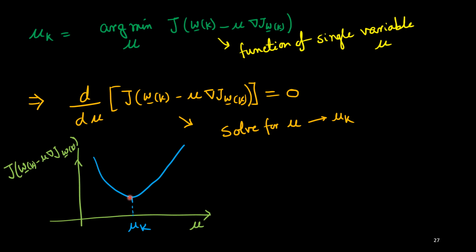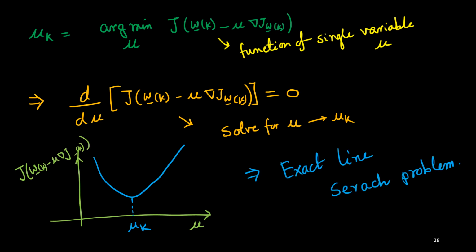At mu k, you are having the minimum value. That is the solution. So we need to find this mu k value, and then that will be replaced here, and we will get wk plus 1 equals wk minus mu k times gradient at wk, right?